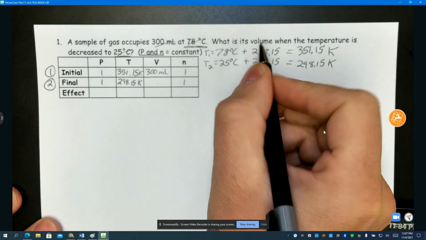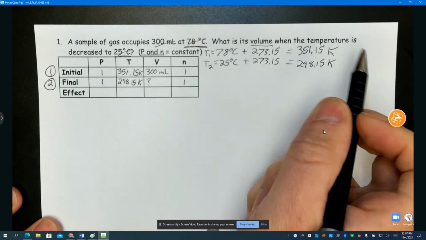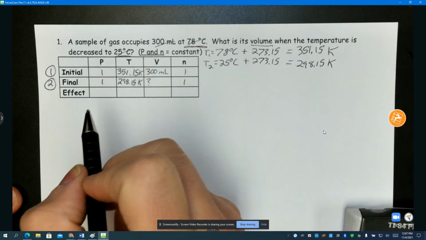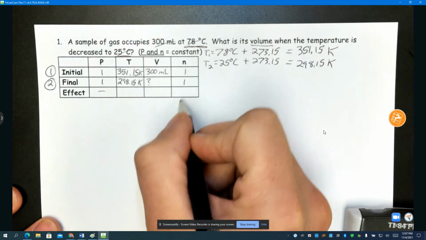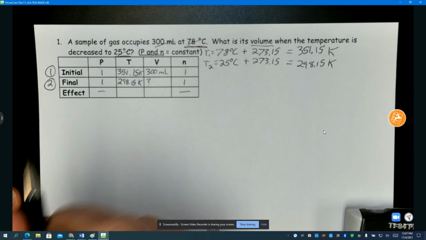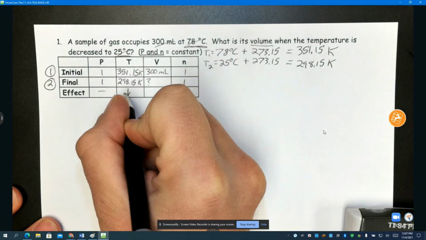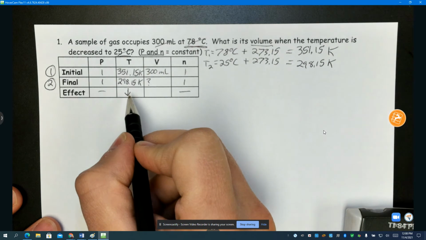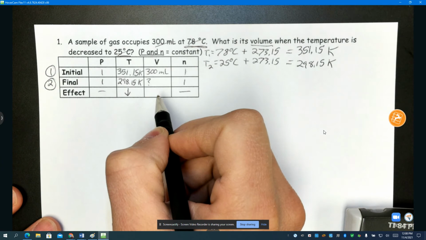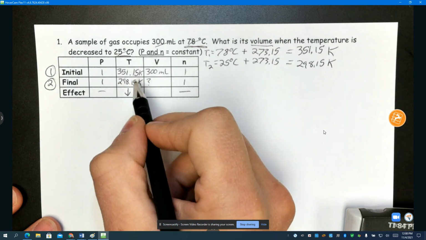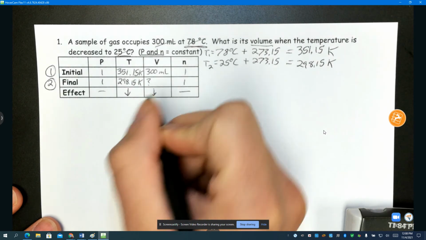It says, what is the volume? So that means we are looking for this volume because it was changed. It will change. So our pressure is 1 to 1, no change. Our number of particles, 1 to 1, not going to change. Okay? The temperature here decreased. So I note that it decreased here. The volume here, we should predict. I want you guys predicting before you figure anything out. If the temperature decreases, the volume should decrease as well.